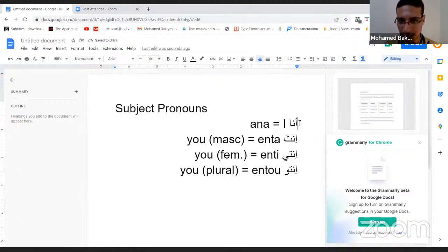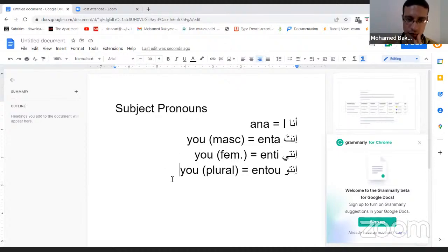So, Ana, Inta. Okay, this small line under the alif, it's called kasra. This means that it's pronounced E, not A. These are short vowels. If it's above the letter, it's pronounced A. Because in Arabic, if we have a word, we don't write the short vowels.